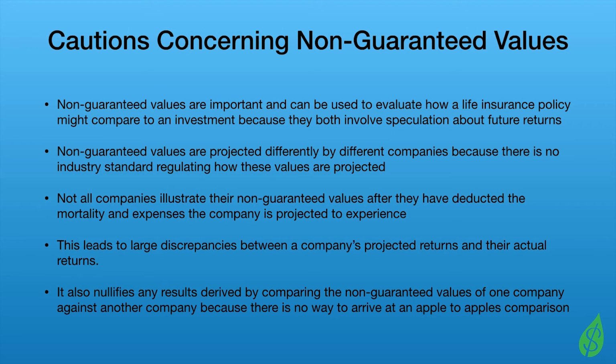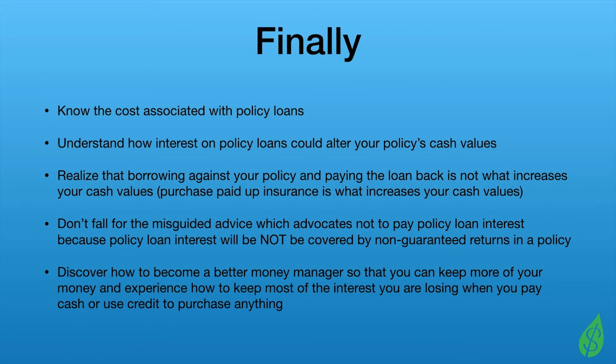But more important than that, it nullifies any results derived when comparing the non-guaranteed values of one company against another, because there is no standardization there, and there is no way to arrive at an apples-to-apples comparison without knowing that proprietary information.